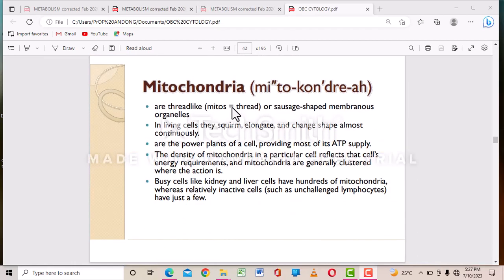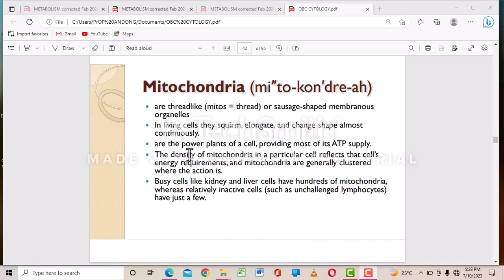The mitochondria. The mitochondria is a thread-like organelle that is known by many scientists as the power plant of the cell because of its major role in production of ATP. Now, the metabolic activity of a cell can be noted by the density of the mitochondria because of its energy producing role.